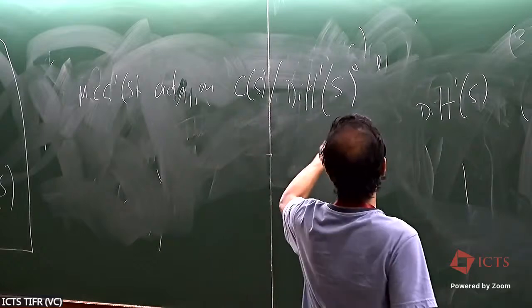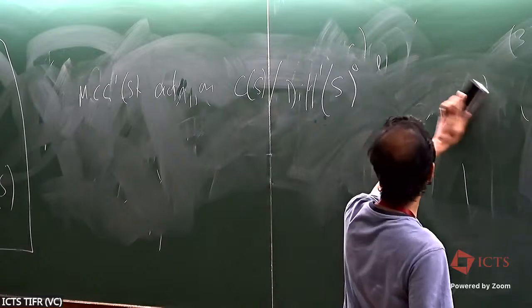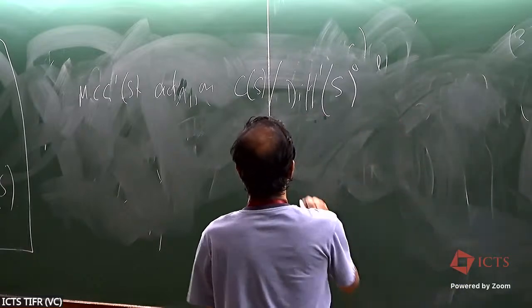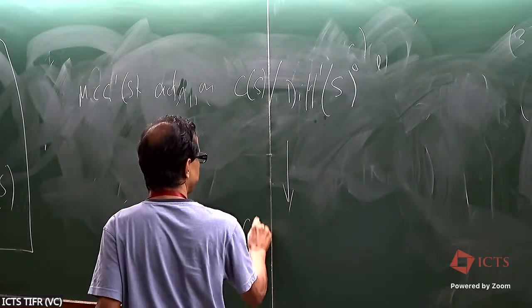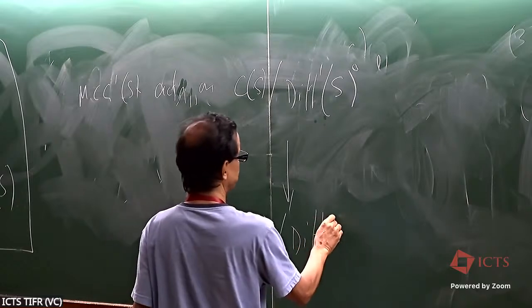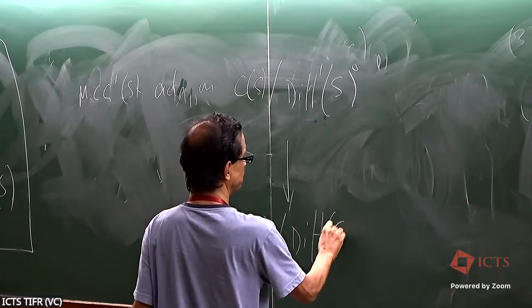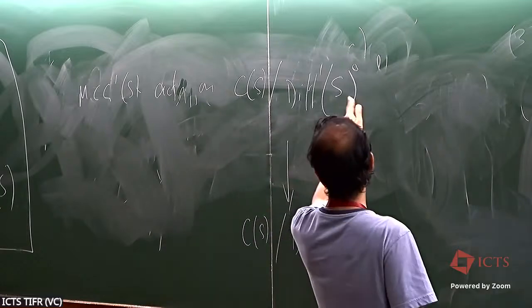So the quotient group acts on this quotient. And so from that you have a map to diff of S, because this is a subgroup of that.